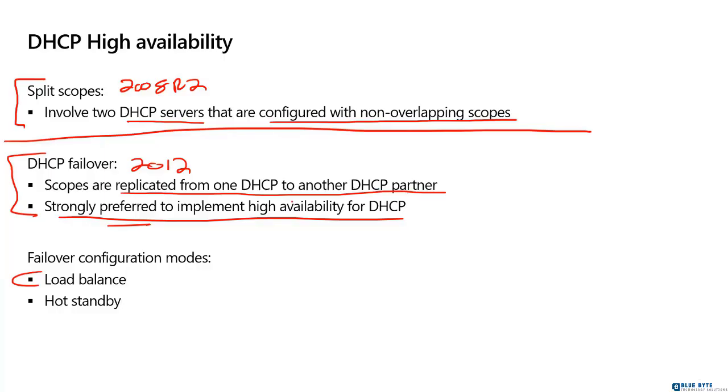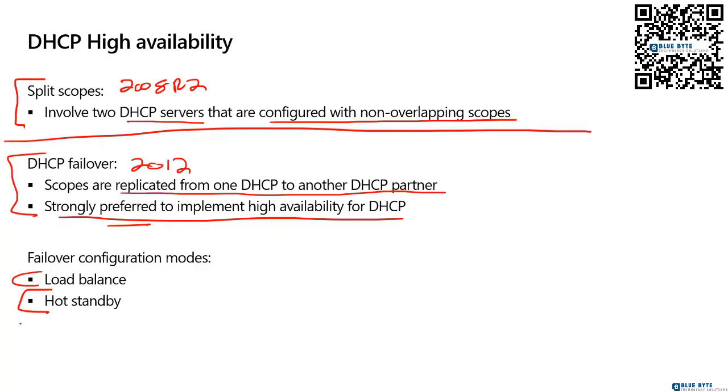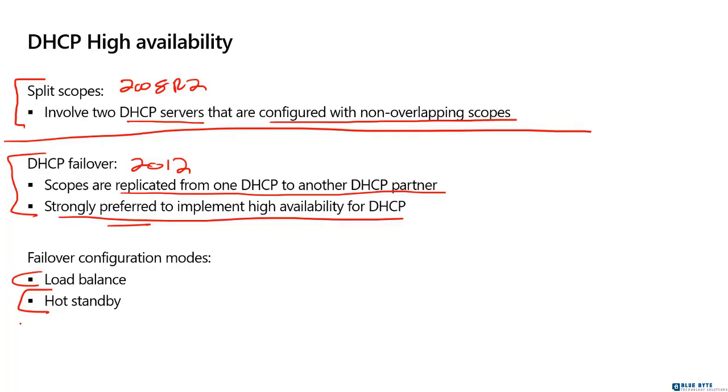The other solution is hot standby. Hot standby means one server leases addresses, the other server has a replica of that scope on it. It stays up to date with which computers have leased which IP addresses, but it is in a passive mode. Only if the active server goes offline does the hot standby actually fit in.